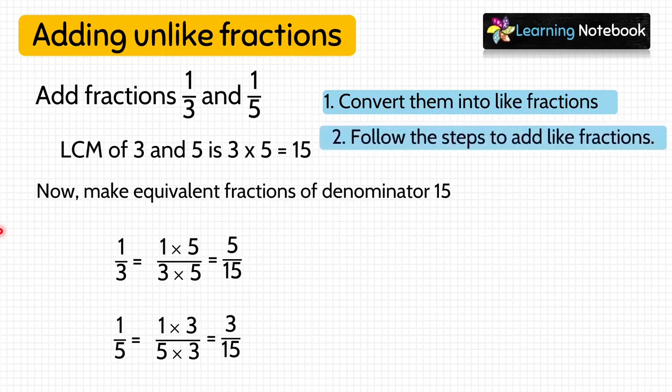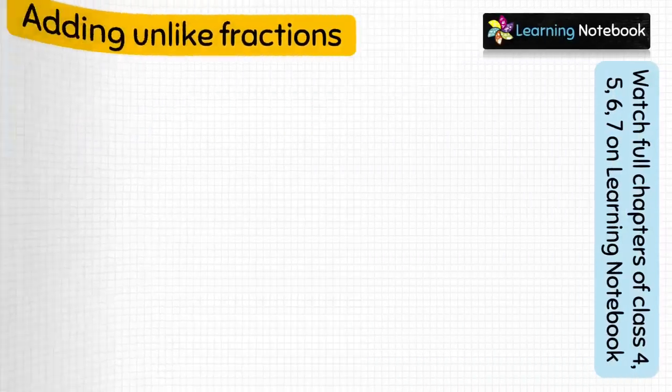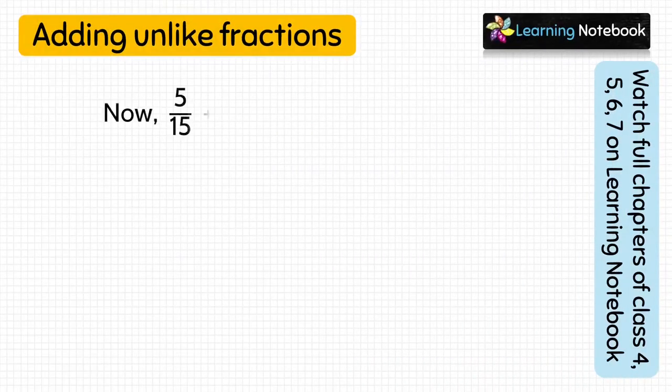So now we have made both the unlike fractions into like fractions. Next, we will follow the same steps as we did to add like fractions. Now let's add the numerators of these like fractions.